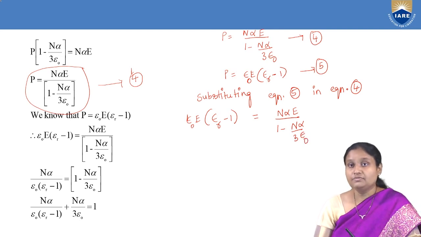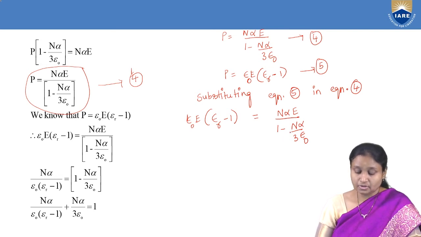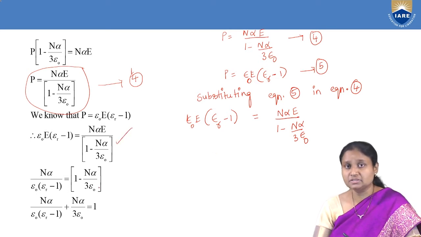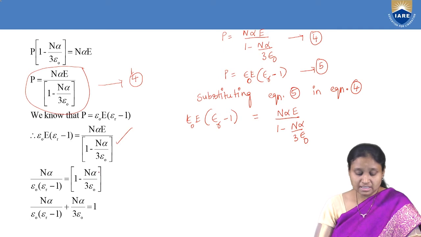Now, I'm going to take this 1 minus n alpha by 3 epsilon naught onto the other side. As you can see, we have come to this particular relation. Now I'll take this term on the other side, and this term is brought here. So we are just exchanging the terms.